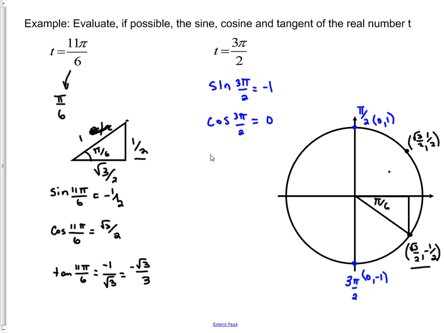If we tried to find the tangent of 3 pi over 2, we might be a little bit left in the cold because that's undefined. That means it's negative 1 divided by 0, and since we can't divide by 0 over the set of defined numbers, it's undefined.